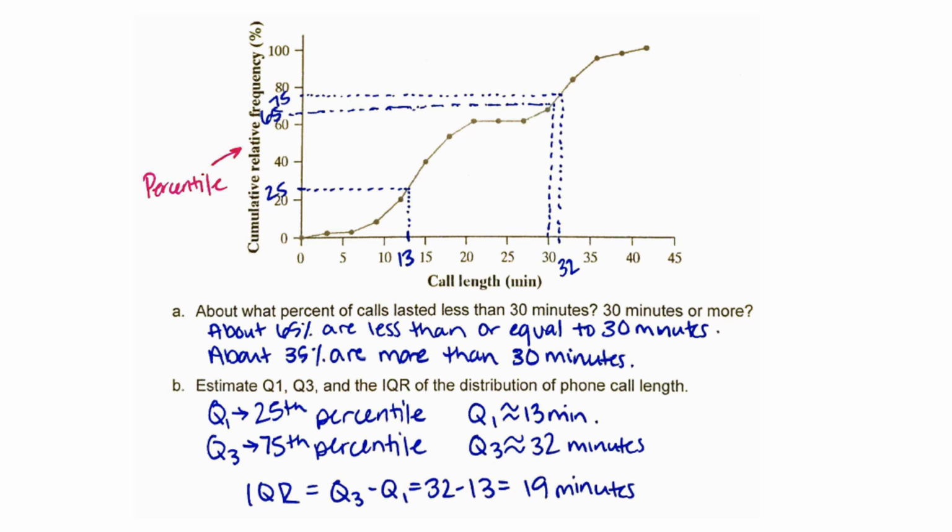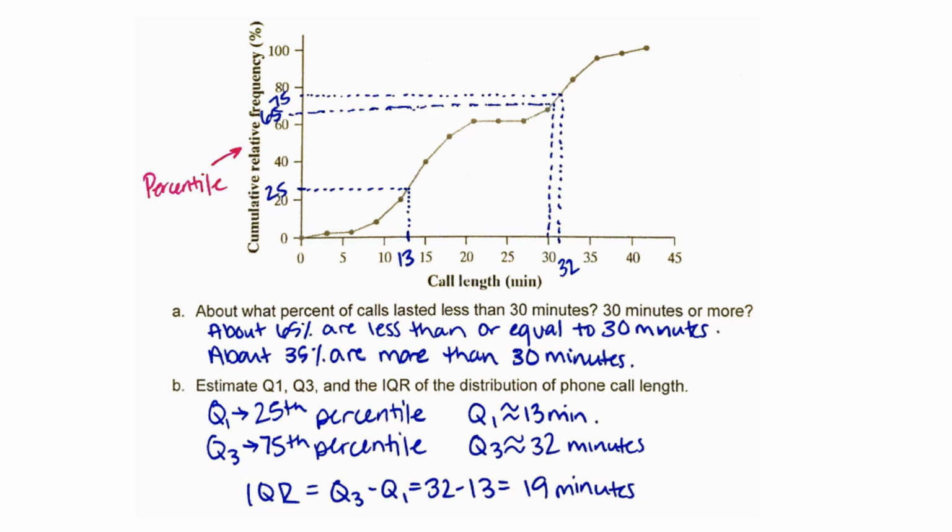And then whatever you picked for less than 30, make sure your 30 minutes or more matches up and adds up to 100%. So if you said about 70 are less than or equal to 30, then you would need to say 30 are more than 30. Those two percentages have to add up to 100.